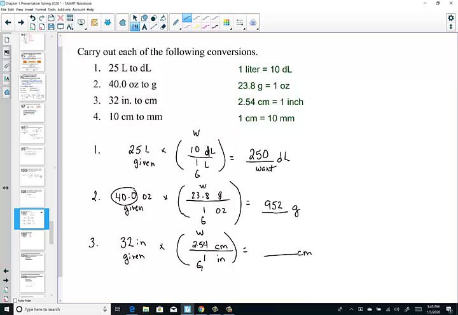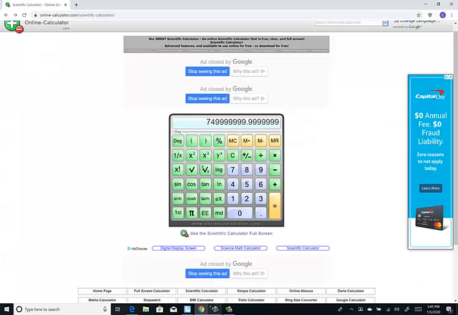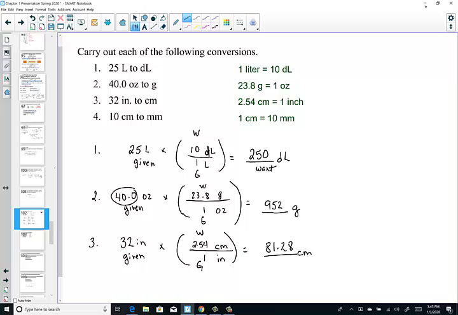Let's hit that on our calculator. 32 times 2.54. I get 81.28 on the calculator. Now, we're only allowed 2 sig figs, so let's fix that. The first number we have to drop is a 2, so there's no rounding, so I'll just report that as 81 centimeters.